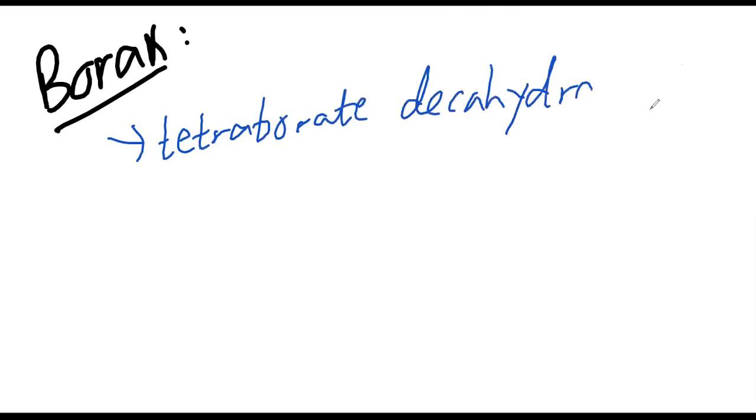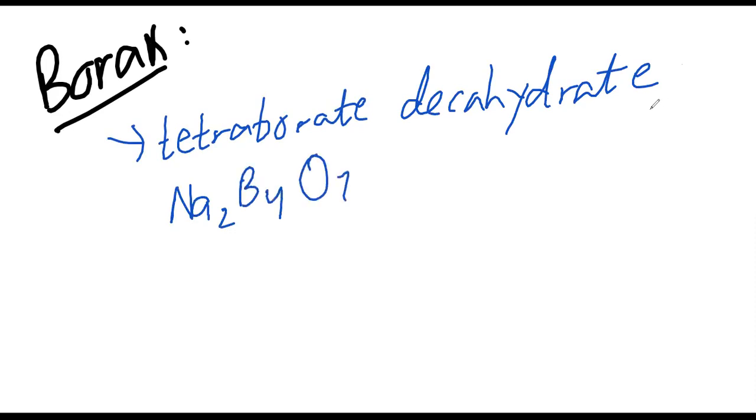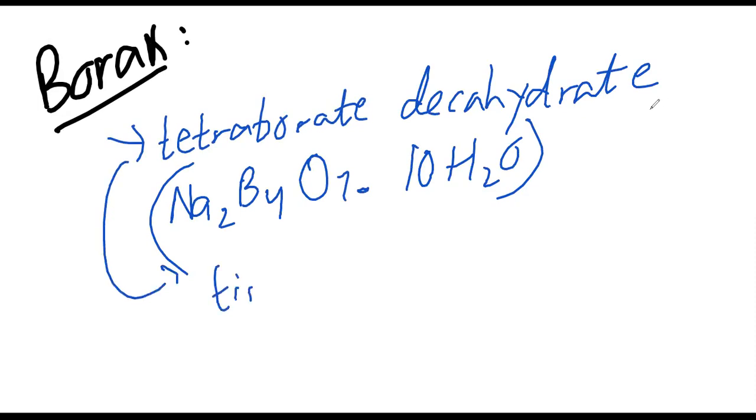Tetraborate decahydrate, and its chemical formula is Na2B4O7·10H2O. Whenever the word hydrate is written, it means water is being added. It is also known as tinkle or suhaga.